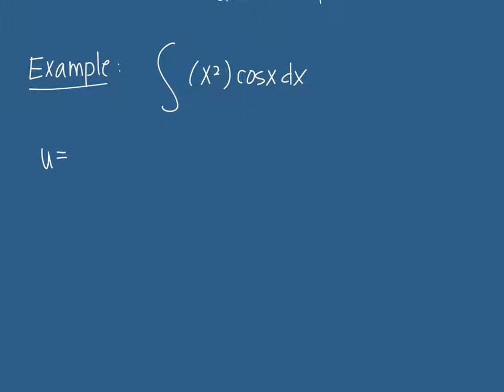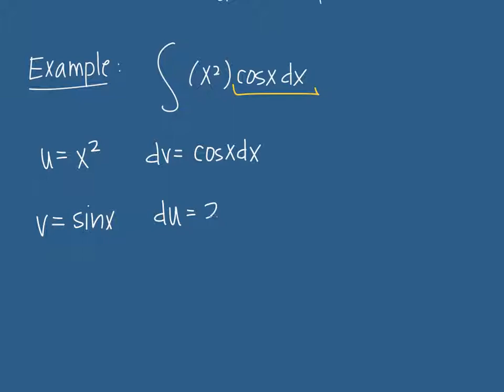So skipping the logarithm, skipping the inverse, and jumping right to the polynomial. The polynomial is going to be x squared, which means my dv is everything else. So dv is cos x dx, which means my v is sine x. My du is 2x dx.